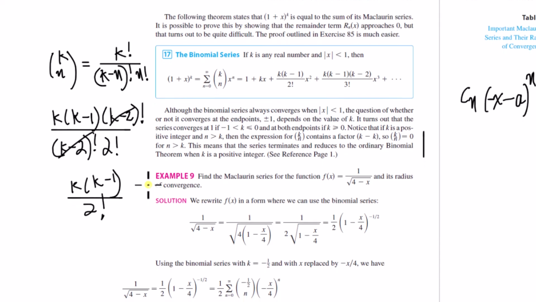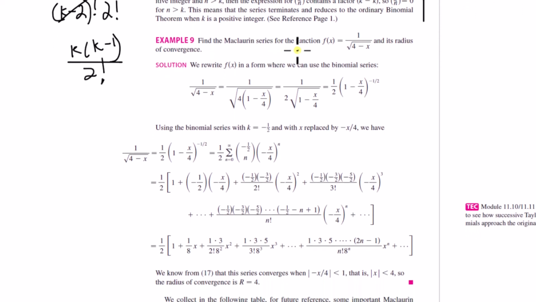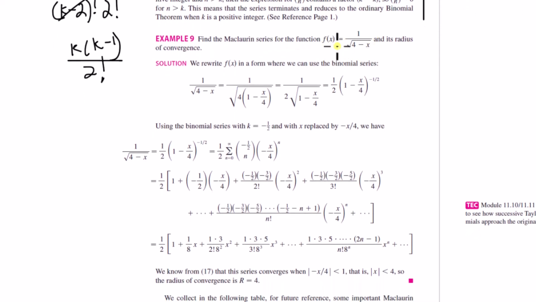All right, so now here's an example. It says find the Maclaurin series for this function. We can write this as 1 over 4 minus x to the 1/2 power, but we learned in the previous section how we can keep manipulating this to get 1 plus minus x, and you factor out a 4 to the 1/2.